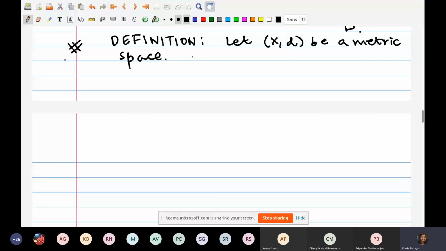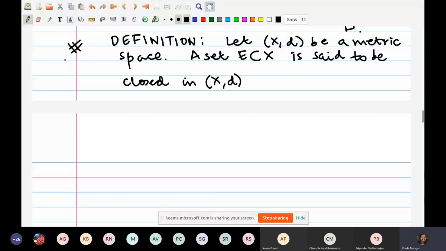I'm going to say a set E subset of X is said to be closed in the metric space (X, D) if and only if it contains all its limit points.